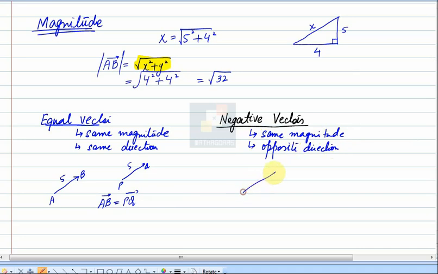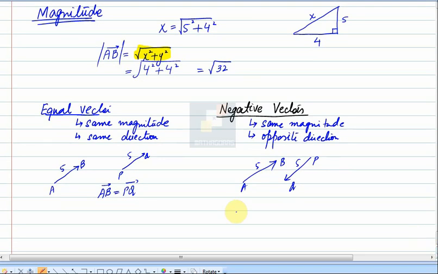Like that is my vector AB, 5 units, and that is my vector PQ, 5 units. Now AB and PQ are opposite, negative vectors, right? That is the concept of equal vectors and negative vectors. Equal vectors have same magnitude, same direction, but negative vectors have same magnitude but opposite direction.